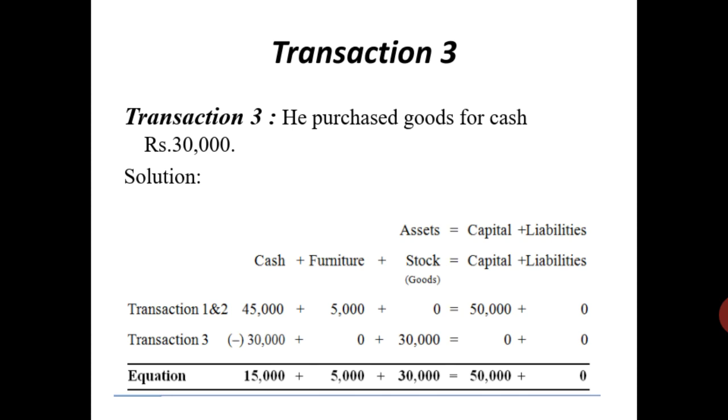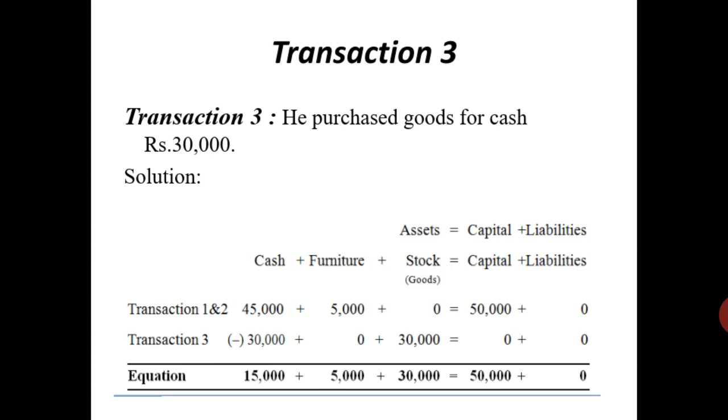So you have to add the stock amount on the asset side, and again there is no effect on the total of the asset side. Cash will be reduced by 30,000 and another asset, stock, will be added. So the accounting equation will be like this: 15,000 cash, 5,000 furniture, 30,000 stock is equal to 50,000 capital.